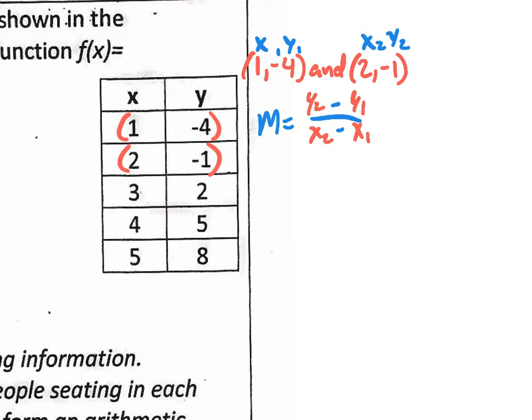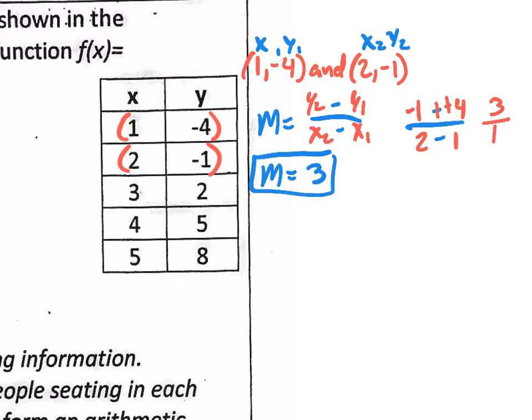Plug it in: y2 is negative 1, y1 is negative 4, x2 is 2, x1 is 1. So change the minus to plus plus. You end up with 3 over 1. Negative 1 plus 4 is 3, and 2 minus 1 is 1. So the slope is really 3, or 3 over 1.